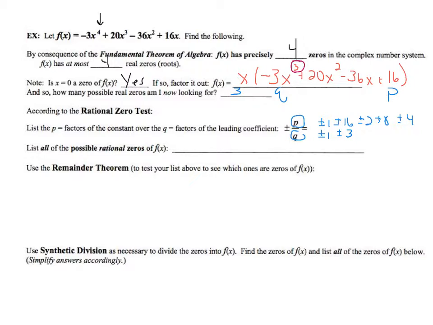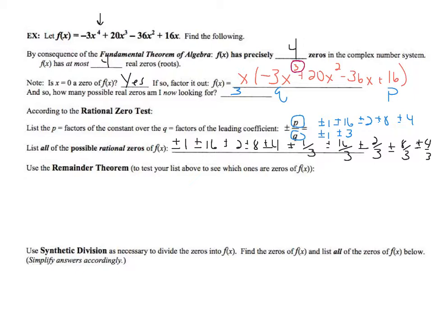So I have a lot of possibilities this time. I have 1, 16, 2, 8, 4, all plus and minus, but then I'll divide them all by 3. So 1 over 3, 16 over 3, 2 over 3, 8 over 3, and 4 over 3.